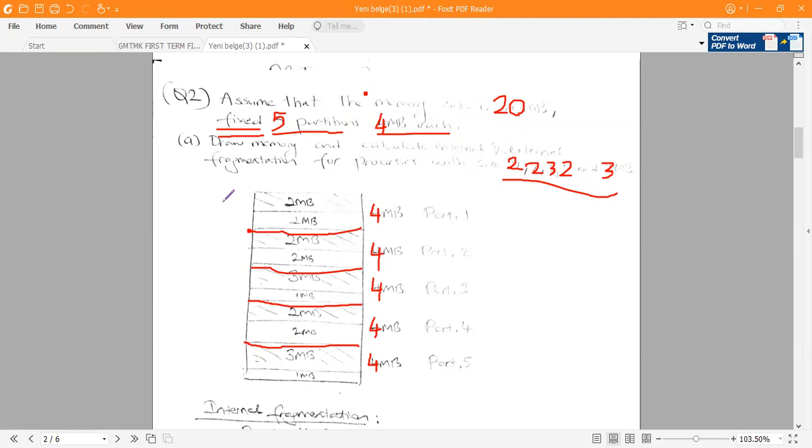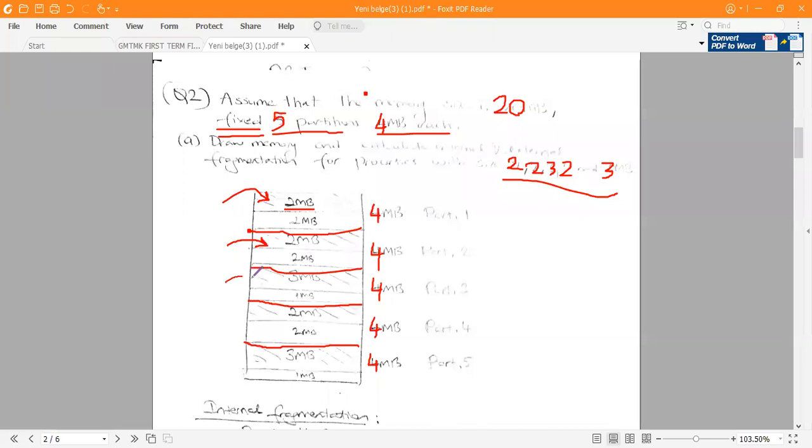Then you put the processes. The first one is 2 megabytes, so I put it in, and I have 2 megabytes of empty space remaining.